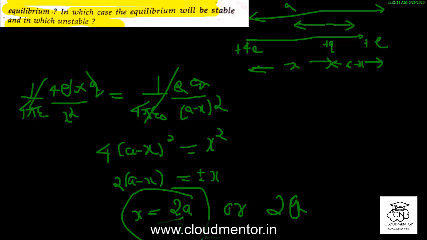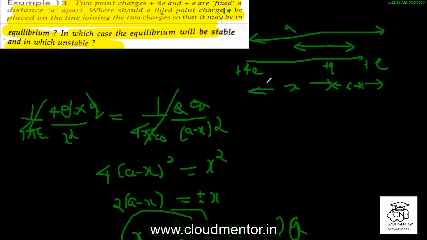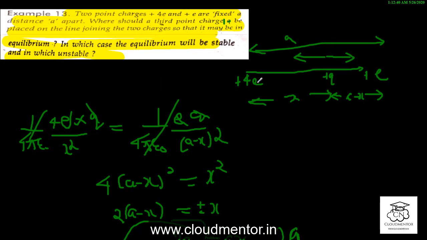A net force F2 minus F1 will act on minus q towards right, that is away from the equilibrium position. So the equilibrium of the negative q will be unstable. So if it was negative, then it will be unstable, otherwise it is stable.